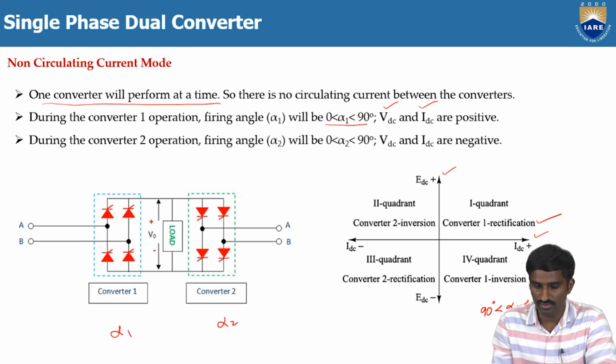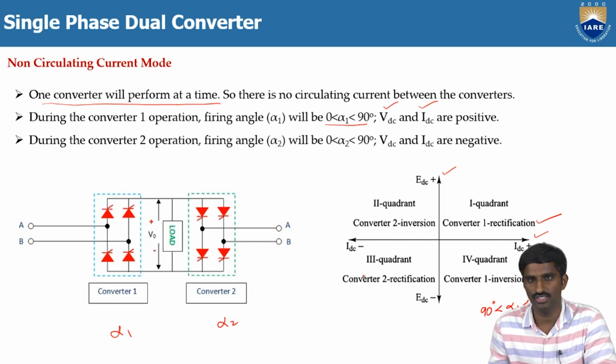So it will be in the rectification mode. And between 90 and 180 degrees, it is in the inversion mode for converter 2.